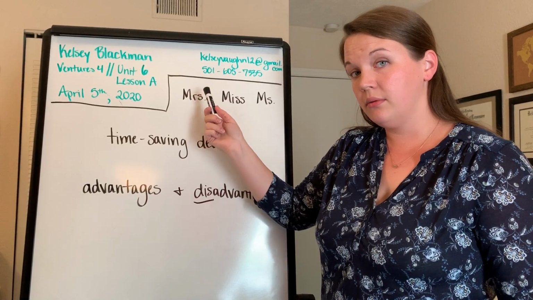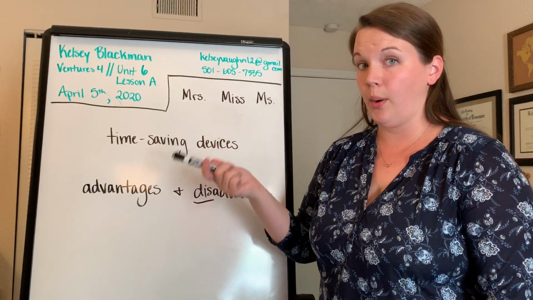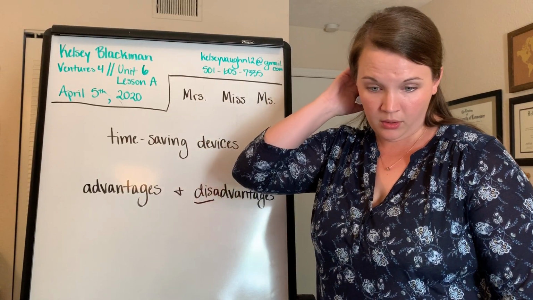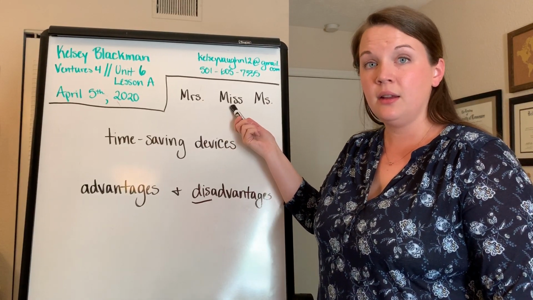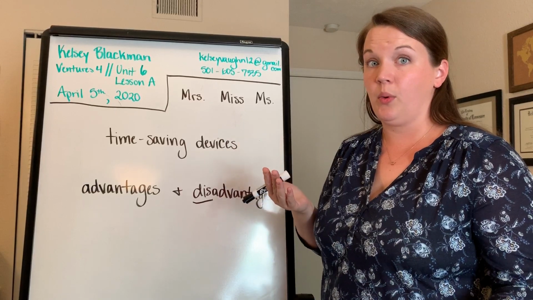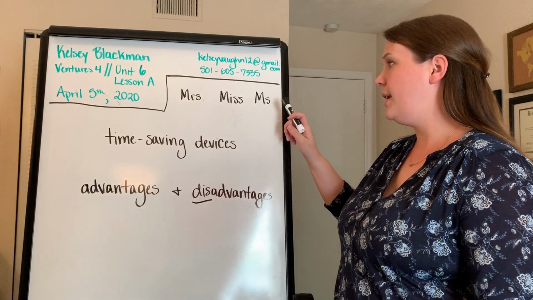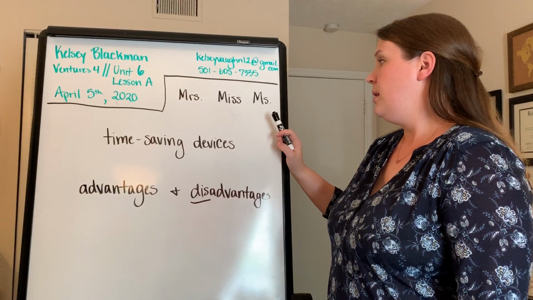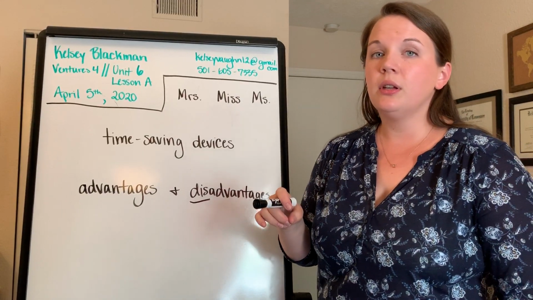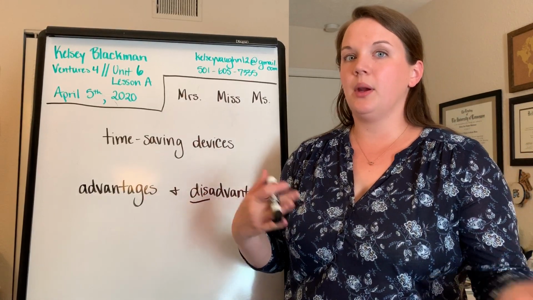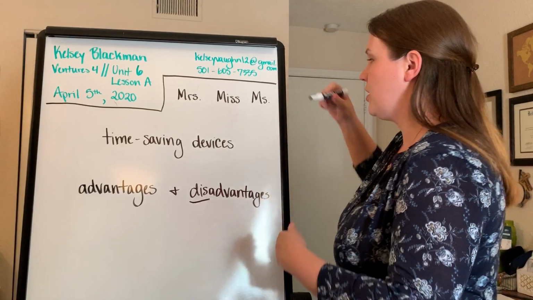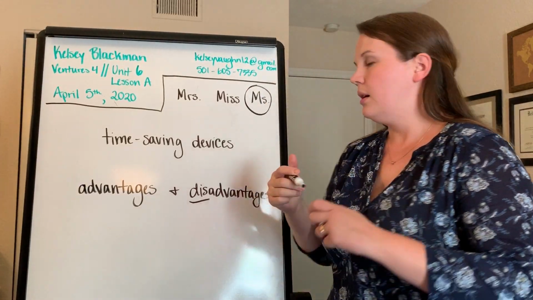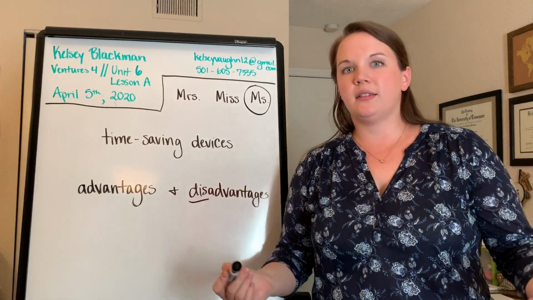MRS period indicates a married woman, okay? Miss, MISS, indicates an unmarried woman. But MS period is the best one to use when you don't know if a woman is married or not. So this is probably the most common title if you are addressing a woman.